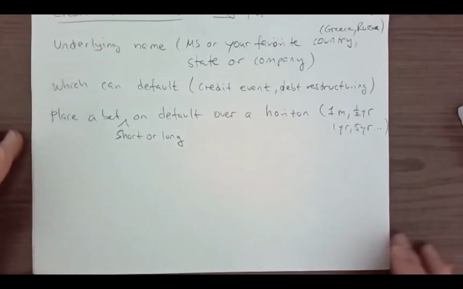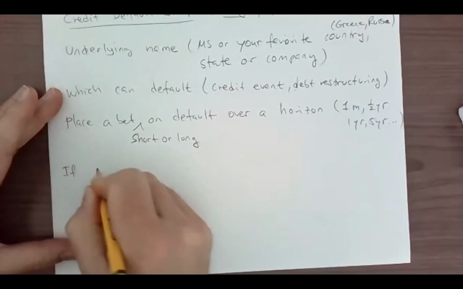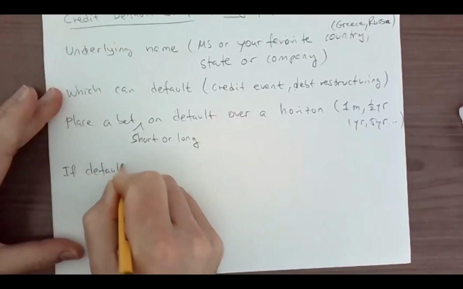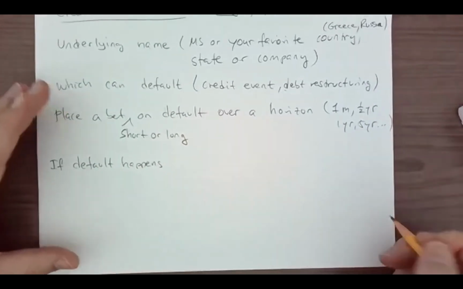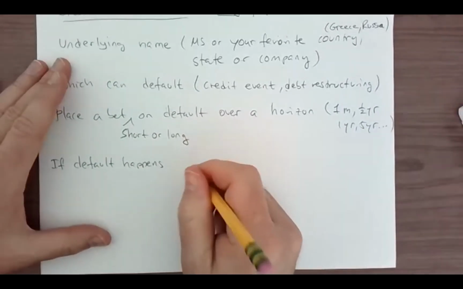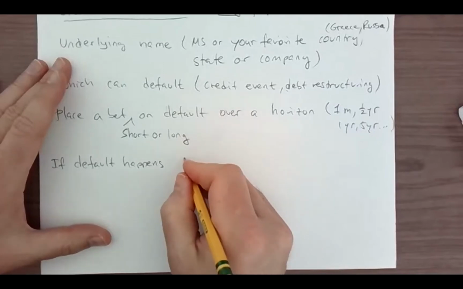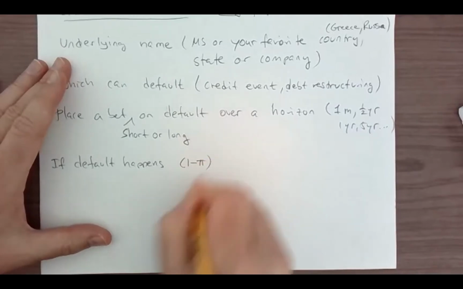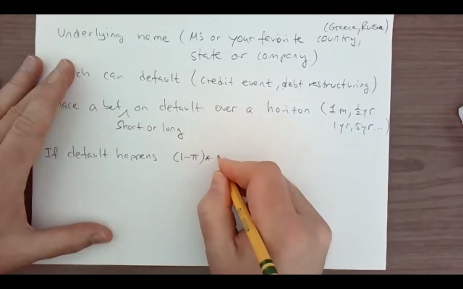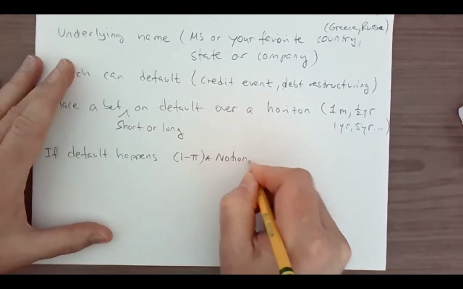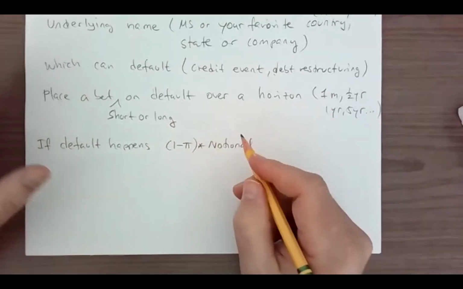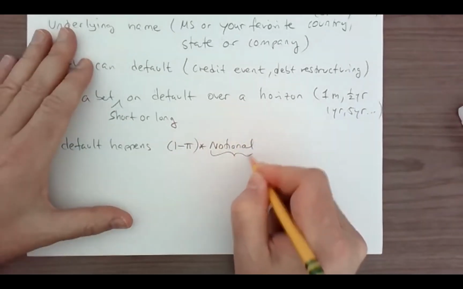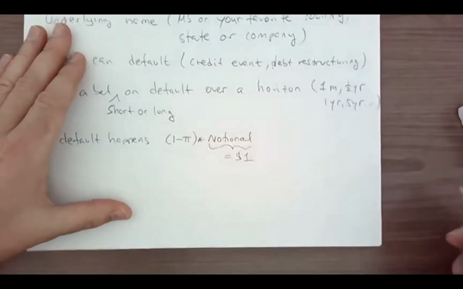and then if default happens, you get this 1 minus pi times the notional. The notional is what you put down. Let's just say that this thing here is equal to $1.